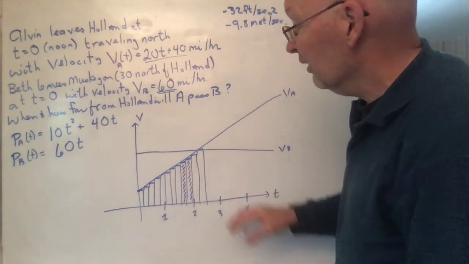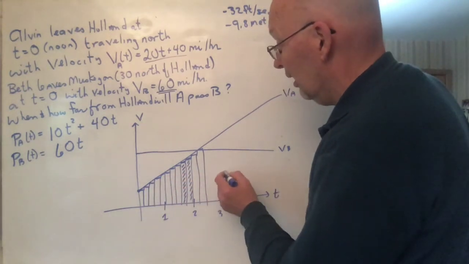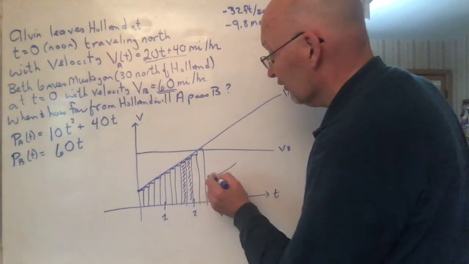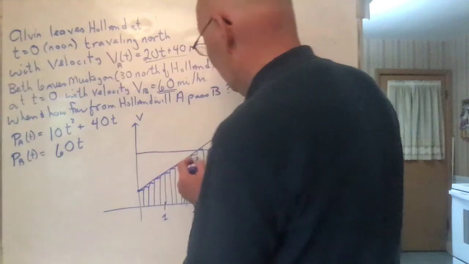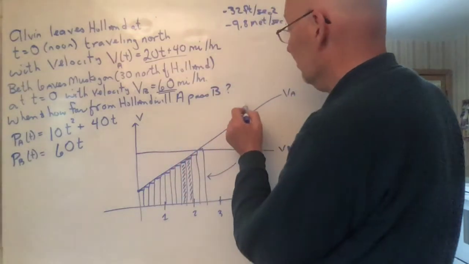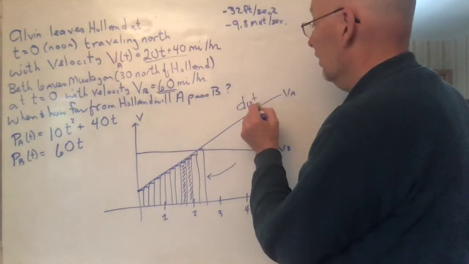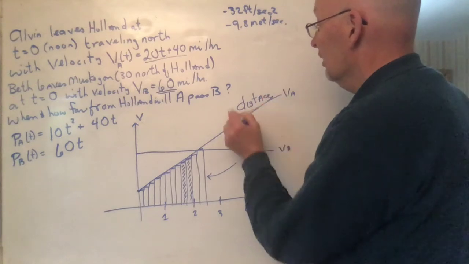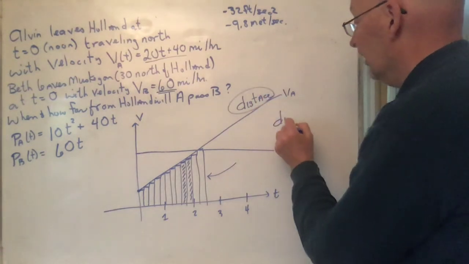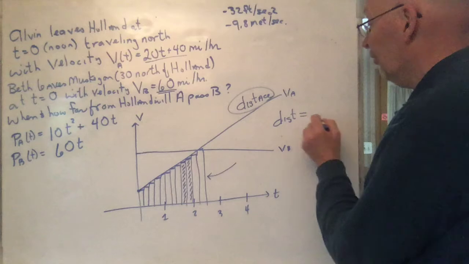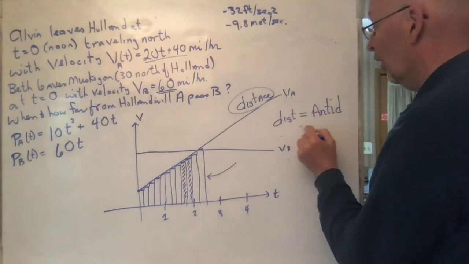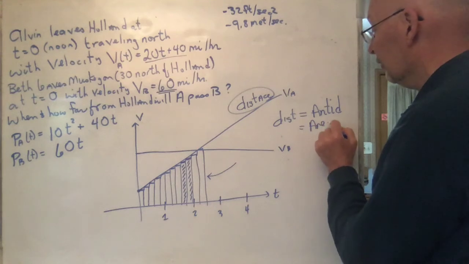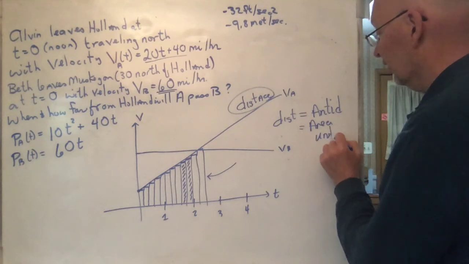Not only that, but it turns out that the area underneath this graph compares to the distance that Alvin's gone. So the distance that Alvin has gone, you get both by looking at the antiderivative, and you also get it by looking at the area underneath the graph. See that?